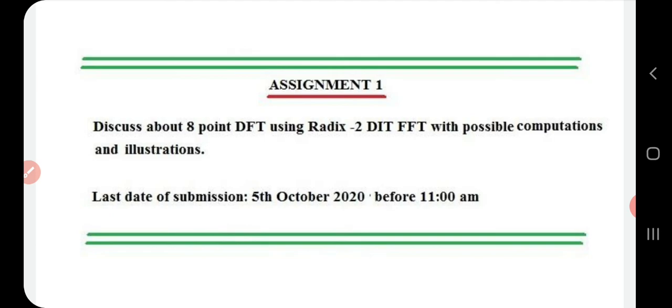Write whatever you get and understand as your assignment: the theory, the computations behind it, and the illustrations. The last date of submission is 5th October 2020. I hope this time is far more than enough. So do a detailed reading and writing, and then please try to submit the assignment on time.